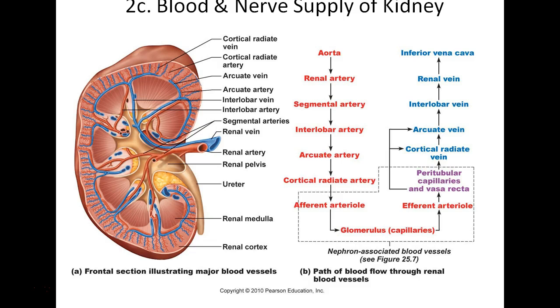So by the way, when we're saying this word corticomedullary junction, we're talking about a junction or a boundary between the cortex region and the medulla region. So as we said, that gets us to our interlobar arteries. And then again, we're looking at the red ones, the arteries branching from the interlobar arteries are going to project parallel to the base of the medullary pyramid. These are called arcuate arteries.